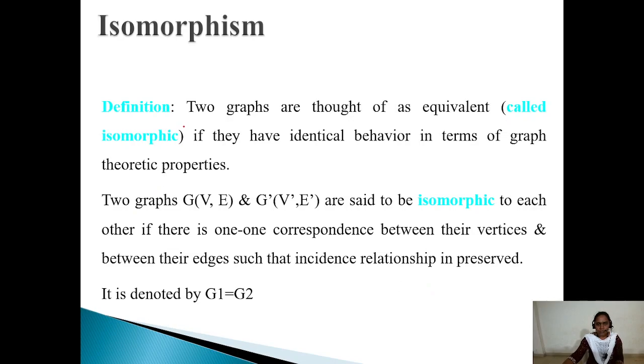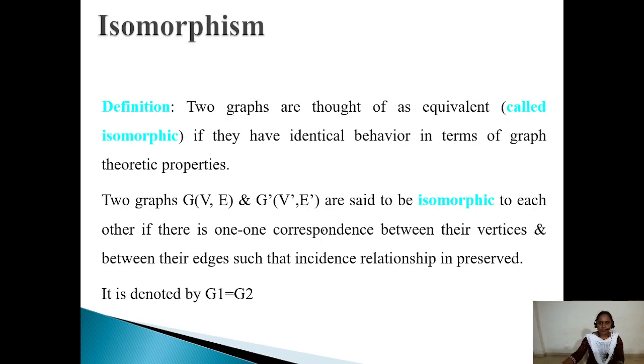Isomorphism means two graphs are equivalent, isomorphic, with identical behavior in terms of graph theoretic properties. Let me explain it in a simple way. There are two graphs, G equal to (V, E) and G dash equal to (V dash, E dash).